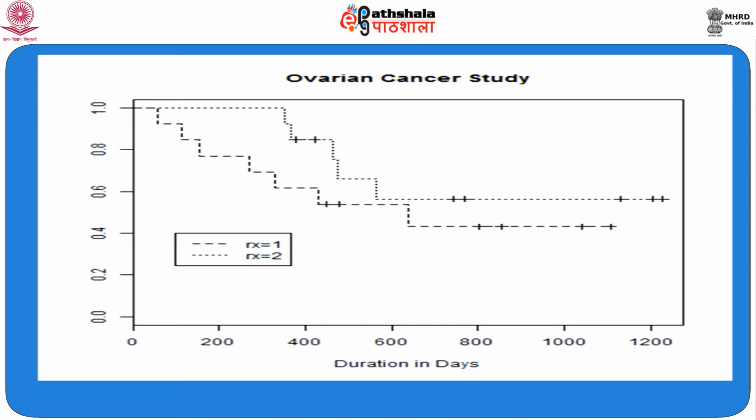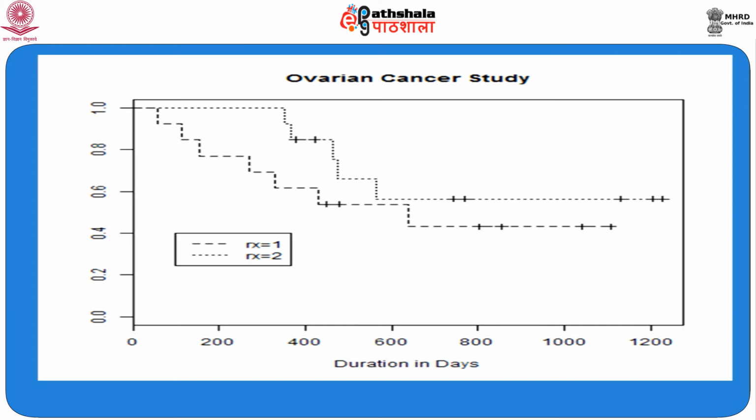xlab, as we mentioned in inverted commas duration in days, so it is showing on the x axis. Since we did not mention ylab, nothing is coming on the y axis here. We mentioned the legend with 100 comma 0.4, so see here the legend started from y axis 0.4 and x axis 100, and two curves are given in the picture.